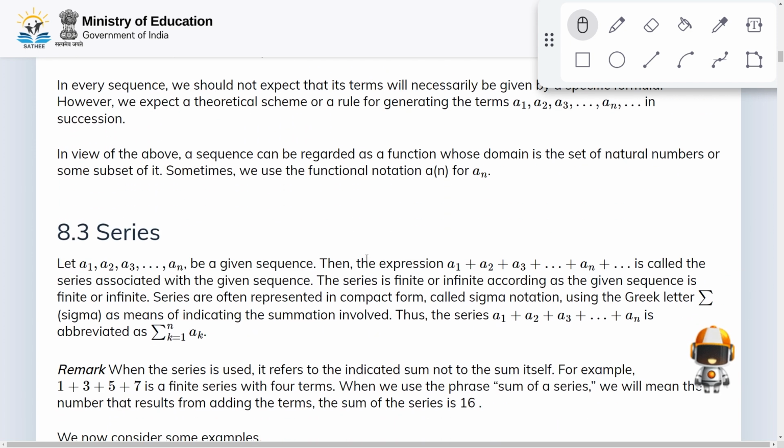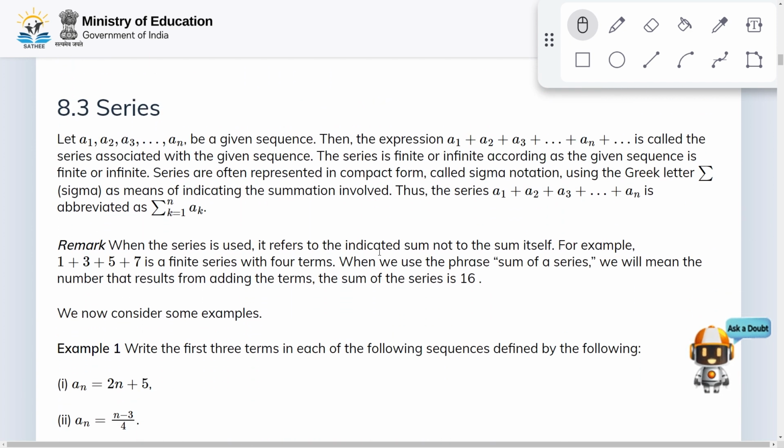Now let's talk about series. If you have terms a1, a2, a3 till an given by a sequence, then the sum of all the terms in the sequence is called a series.